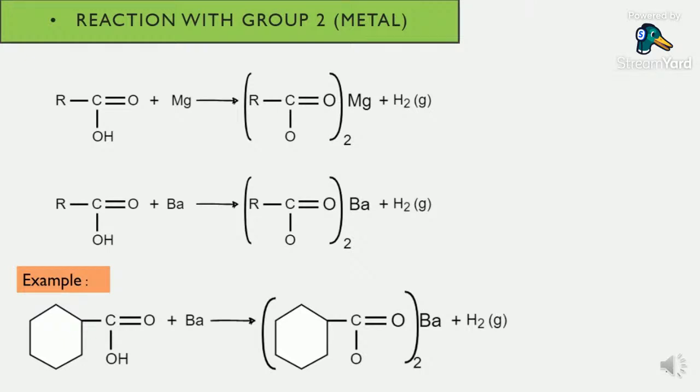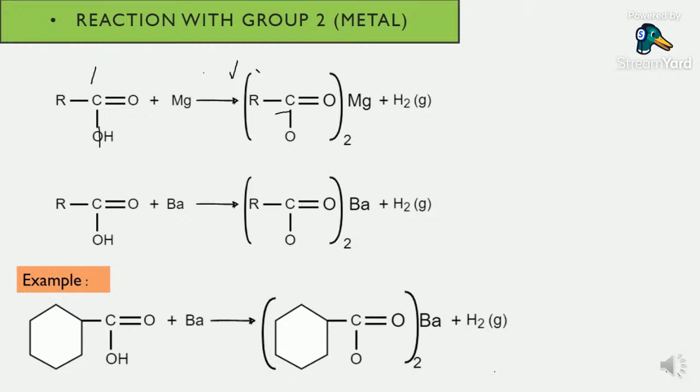So for group 2 metals, it is almost the same as group 1 metal, but it is different in writing the equation. First and foremost, we must break the OH bond over here first, just like the group 1 metal, and just copy all of this to here and put a bracket outside over here, and the group 2 metal must be outside the bracket like this.